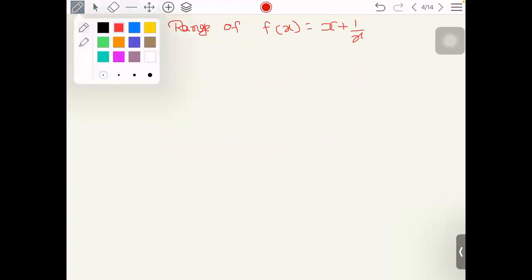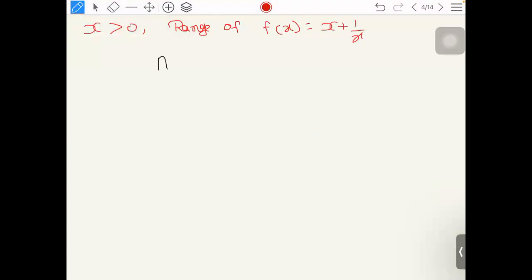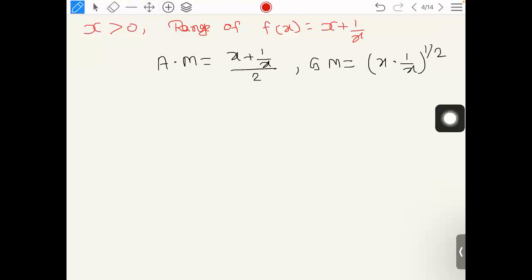If x is a positive number, we can apply AM-GM. So AM is given by (x plus 1 by x) divided by 2, while GM is given by (x into 1 by x) raised to 1 by 2.